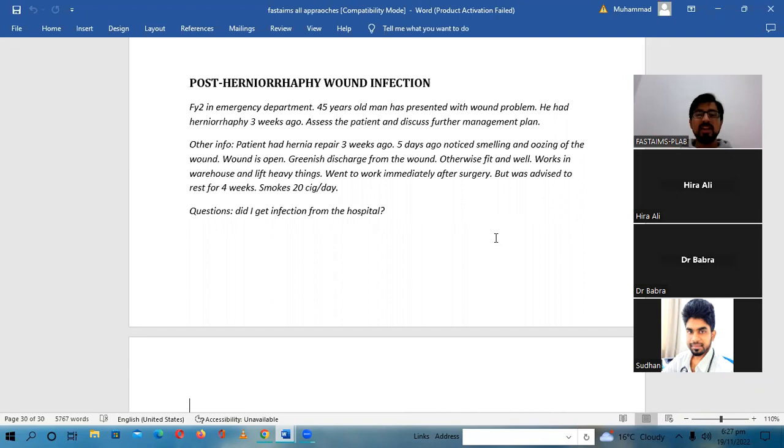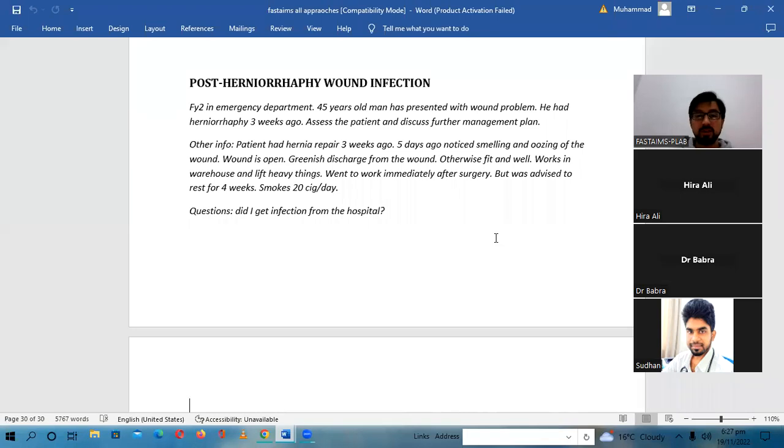Then take some history about past medical conditions that might be preventing this wound from healing, particularly diabetes and taking drugs like steroids. Ask a short history about medications, allergies, and medical illnesses. Also take a social history: drinking, smoking, wound hygiene, rest, lack of rest.